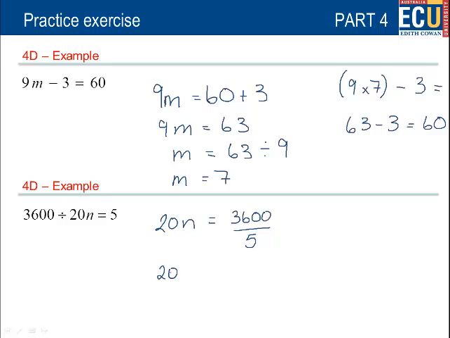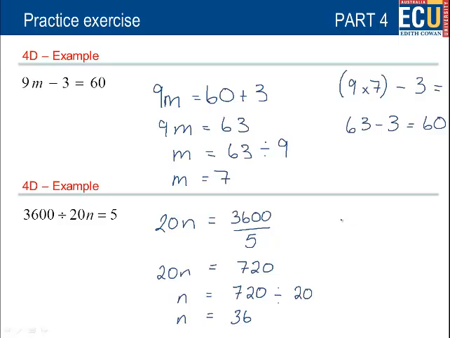So 20n equals 720. Let's keep the n on its own. n equals 720. Because we're multiplying there, we need to divide by 20. n equals 720 divided by 20, which is 36.